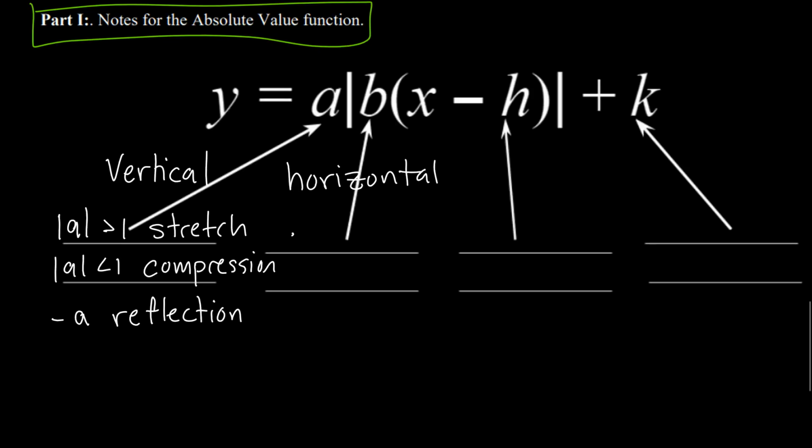So, not A. When B is greater than 1, before it was a stretch on the vertical, what do you think it's going to be on the horizontal? Compression. And when B is less than 1, it's a stretch.